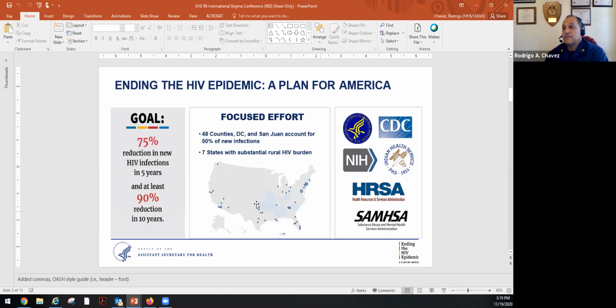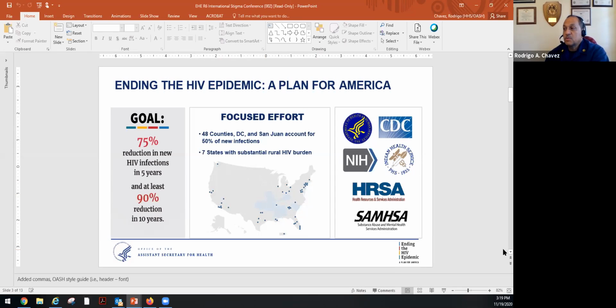If you see here in the map, we have several jurisdictions, 48 counties, that have been identified as having over 50% of the total new infections of HIV. Every year, about 38,000 individuals acquire HIV, and it has reached a plateau. At that rate, within a decade, we'll have 400,000 to 500,000 more new infections.